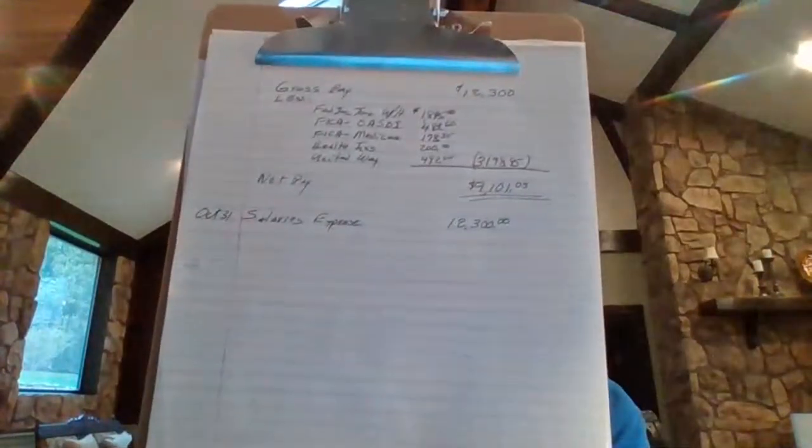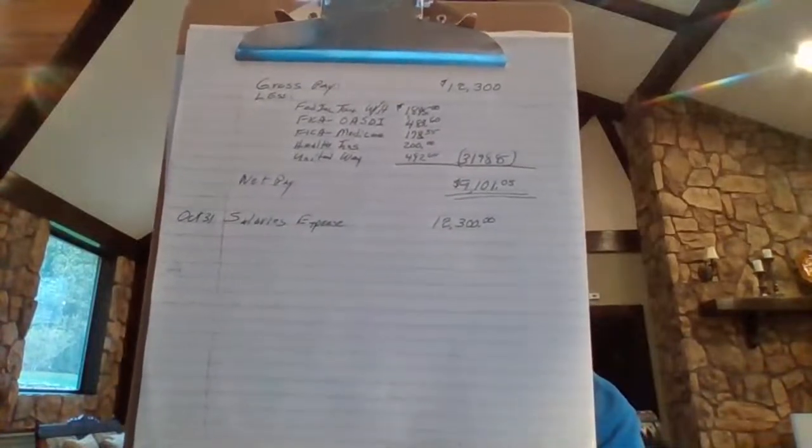All right, so October 31st. Salaries expense, $12,300. One of the few times we're using pennies. Now, all we have to do is set up payables for all those withholding amounts from her gross pay. Go right in order.